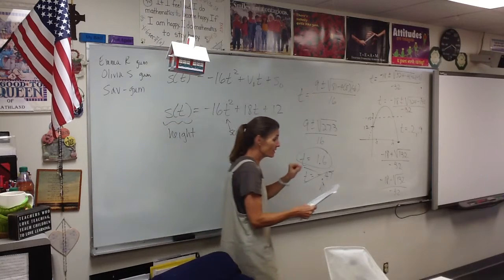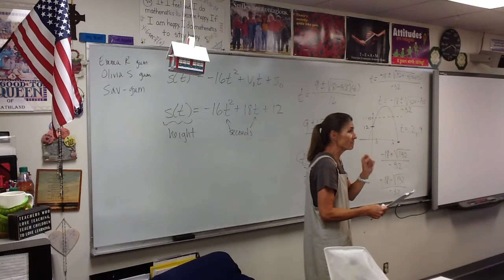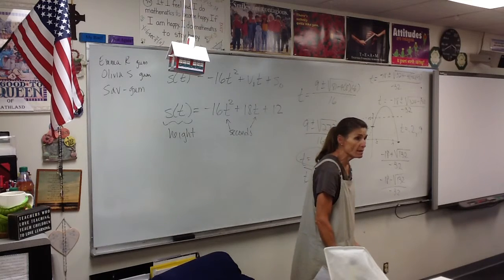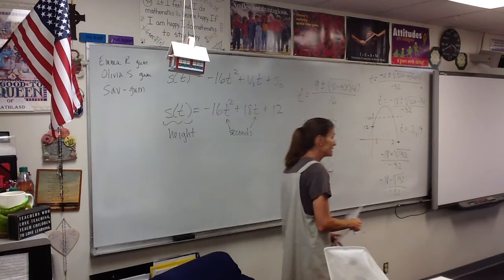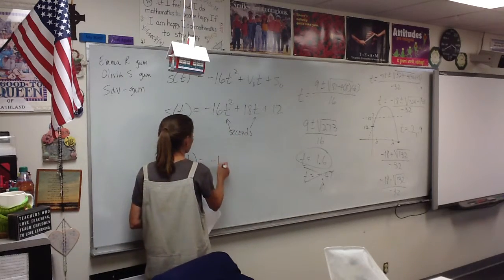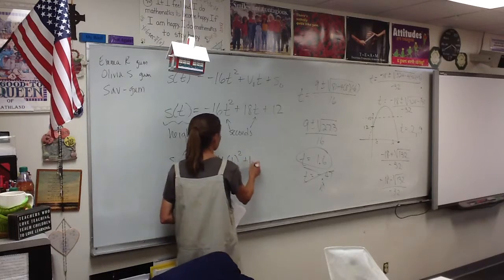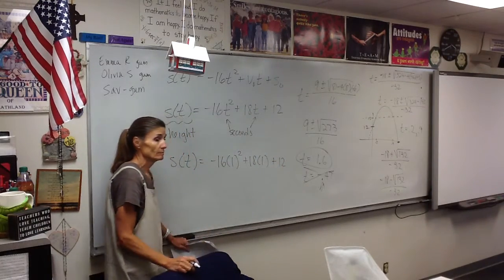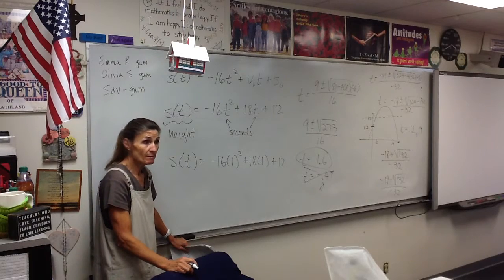So look at C. How high is it after 1 second? Where does the 1 go? In for t. That's a second. So my height will be negative 16 times 1 squared plus 18 times 1 plus 12. Just plug it in.